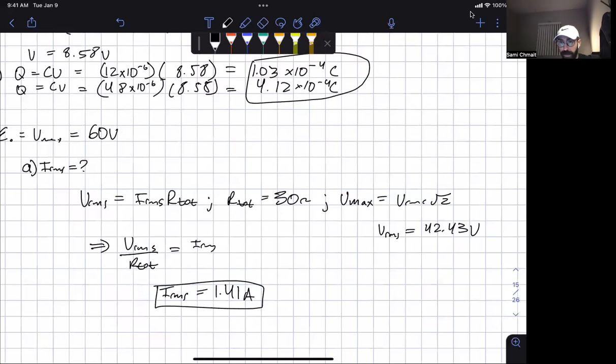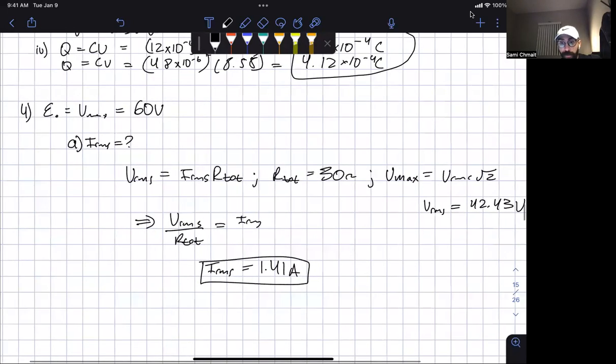Okay, that's A. Looking at part B now, we want to determine the maximum voltage through the 10 ohm resistor. First, the current is constant throughout the entire resistor, right?